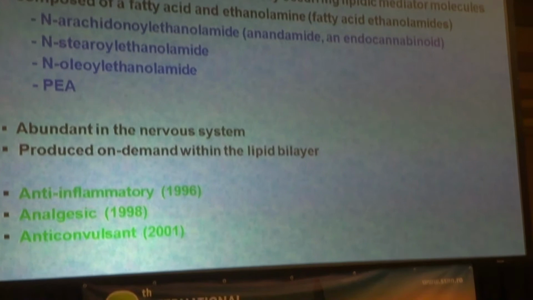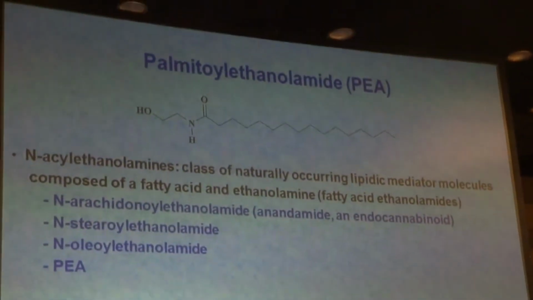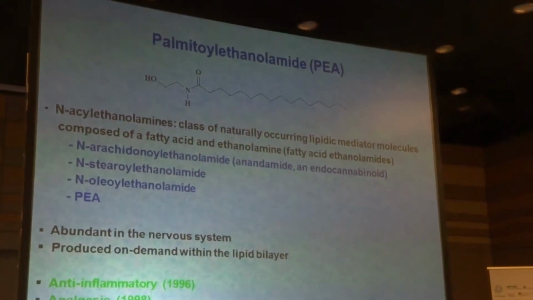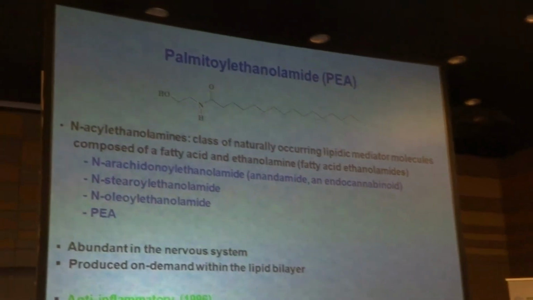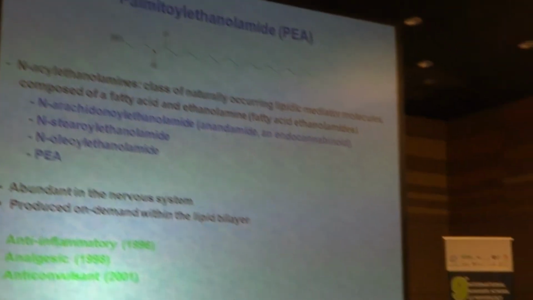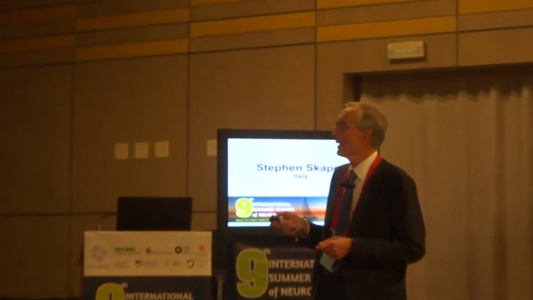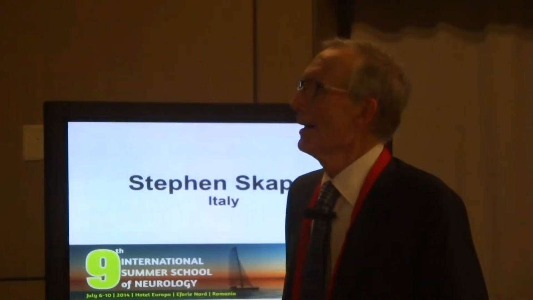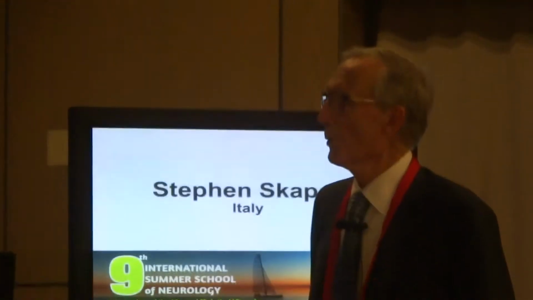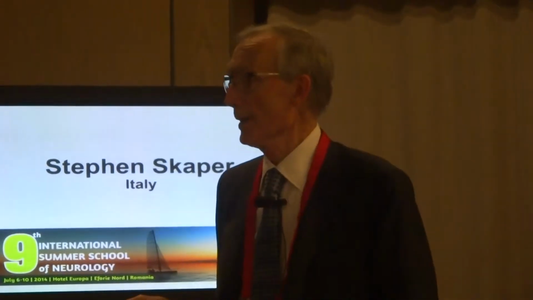A good example is anandamide, which is an agonist of CB1 cannabinoid receptors. Other examples are this one, palmitoylethanolamide, which has ethanolamine and palmitic acid. There are others made of stearic acid, oleic acid, a whole family of these, which are found in the nervous system. They're produced on demand.